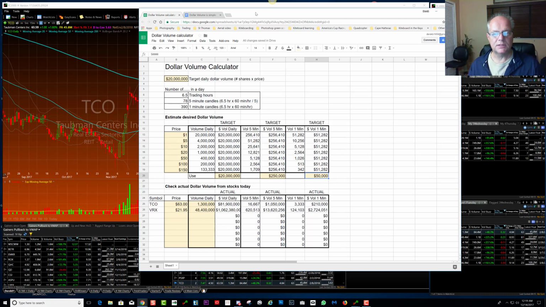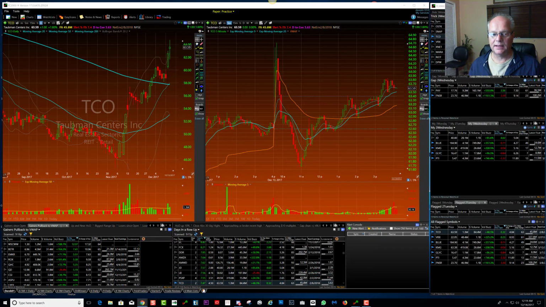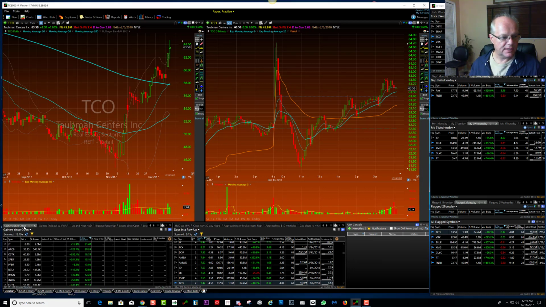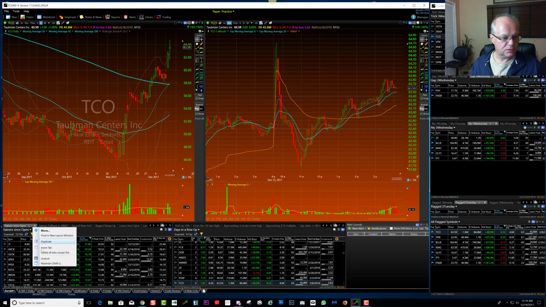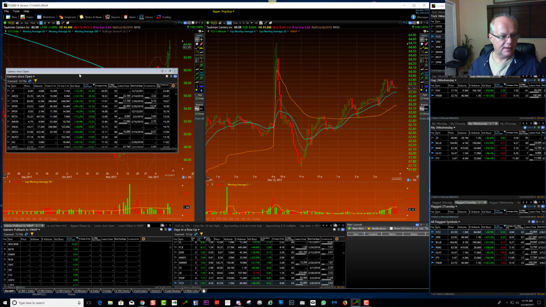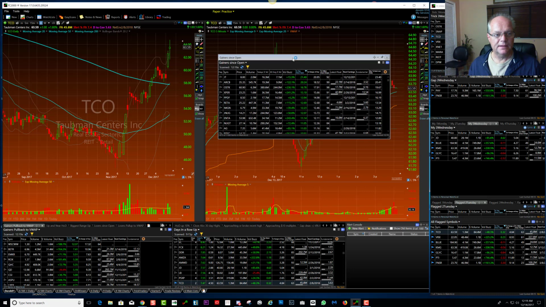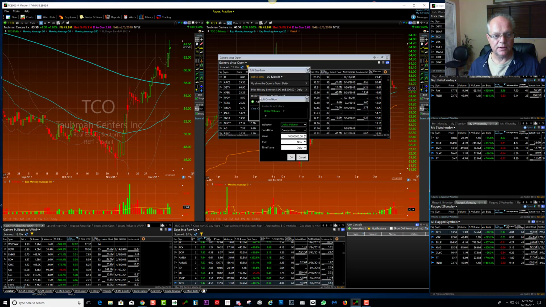That was way above our $50,000 dollar volume minimum target. So how do we use this in a scan? If I'm looking at, let's say, gainers since the open, I'm going to undock that. Right now, this scan is using a filter of dollar volume of 10 million on the day.